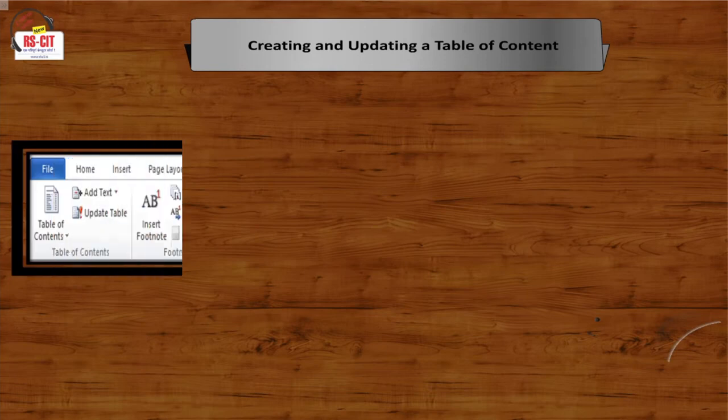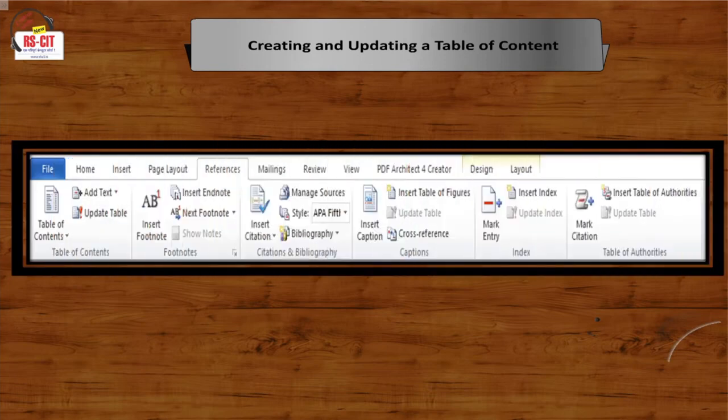Table of contents. Creating or updating a table of contents. You create a table of contents by applying heading styles, for example Heading 1, Heading 2 and Heading 3, to the text that you want to include in the table of contents.